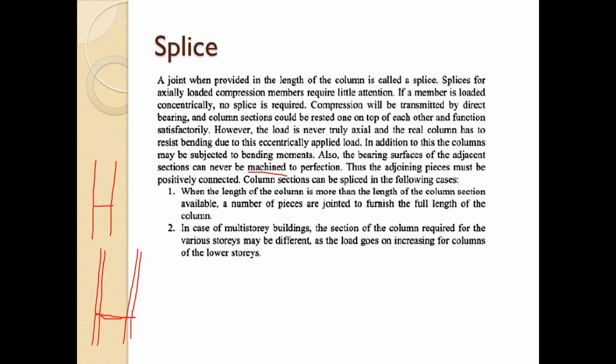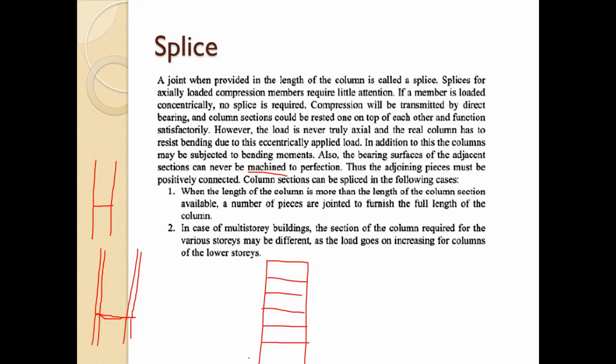And in the case of a multi-story building, the section of the column required for the various stories may be different, as the load goes on increasing for the columns of the lower stories. If you see a multi-story building like this, these are the different stories.